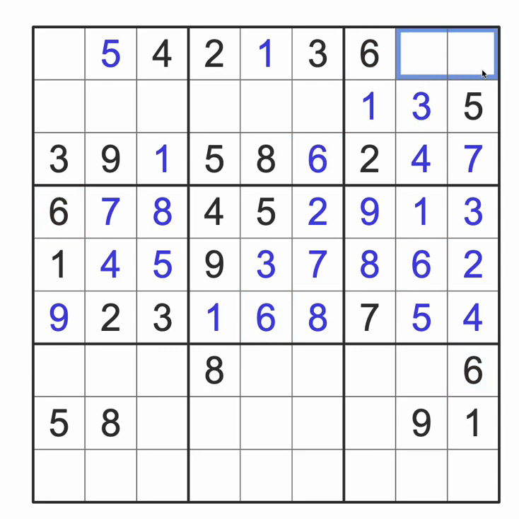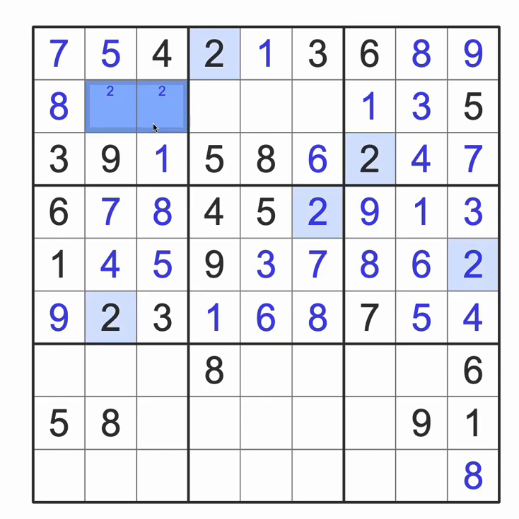These are 8 and 9. 9 is here, so this is 8. And this is 9, which gives me 7 here and 8 here. 8 and 8 here block these, gives me 8.